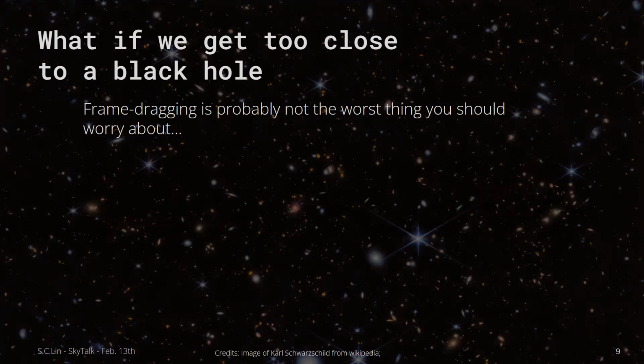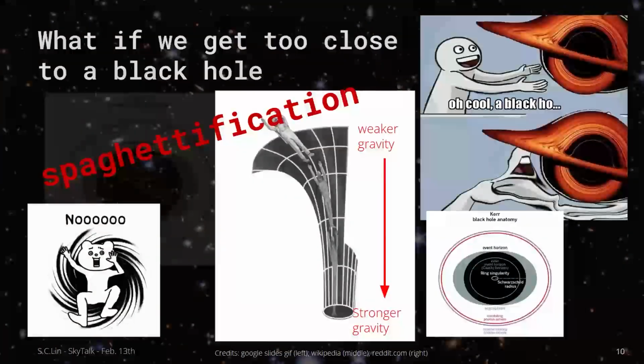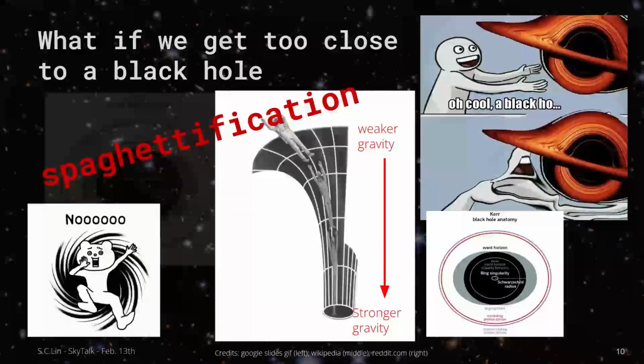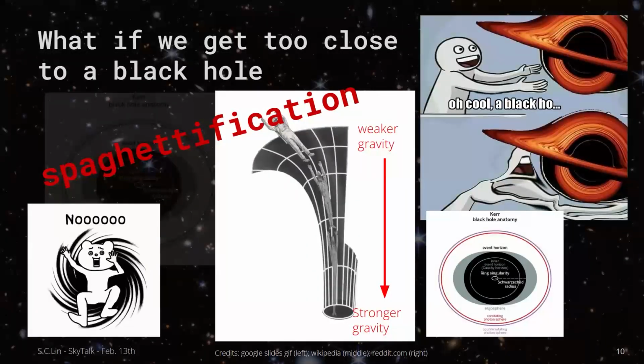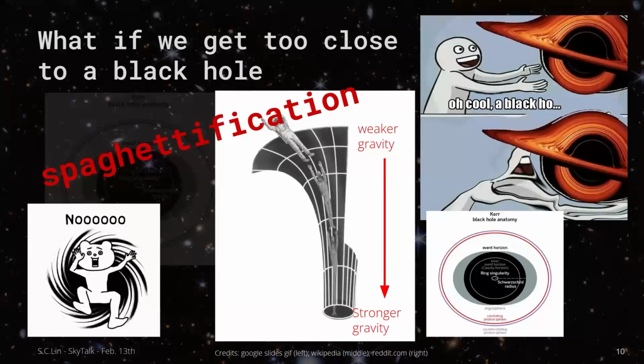And at that point, I think frame dragging, which moves you unwillingly, will probably not be the worst thing you should worry about. So when you get too close to a black hole, you probably won't just fall in like that little bear friend, falling in and then yelling no. Something weird could actually happen.